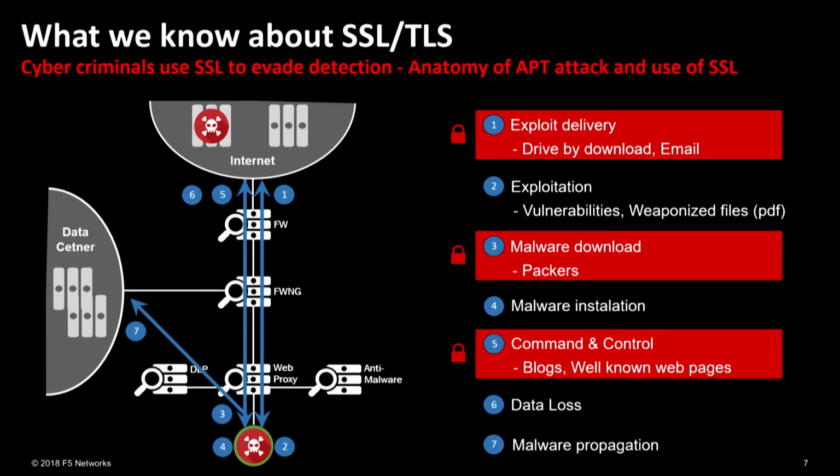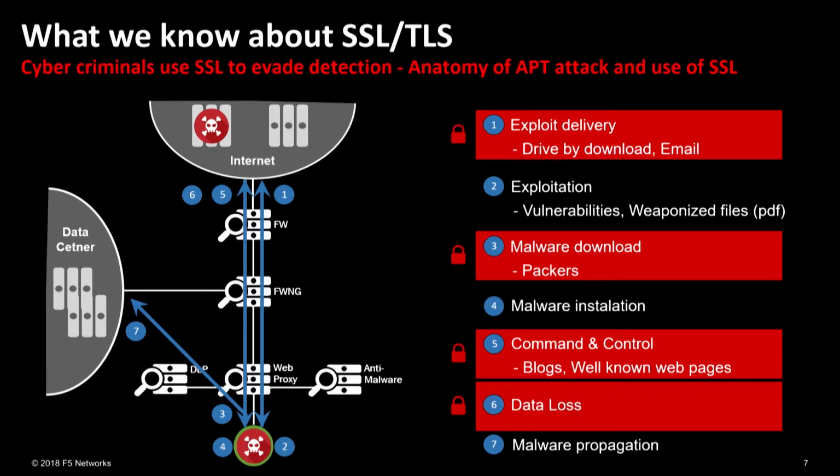What next? Command and control. If the station is fully compromised, even if you have Palo Alto or Checkpoint, it doesn't matter. Why? Because they will simply use SSL traffic to send commands to the command and control. And the same with data loss. If someone would like to steal some data from your organization, they can simply use SSL traffic.